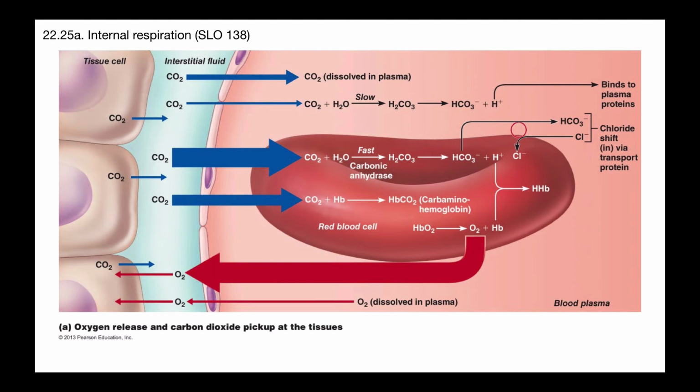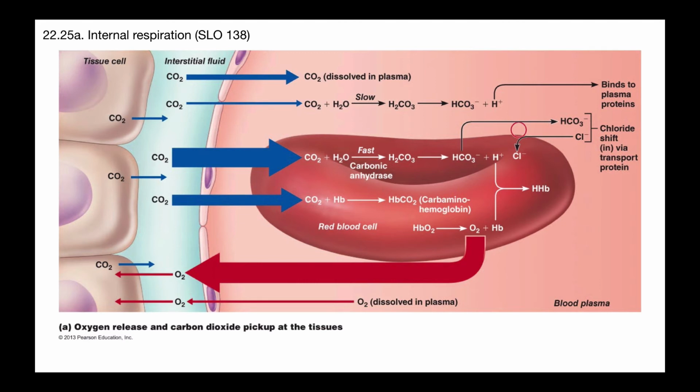And then here what happens is the so-called chloride shift, where the carbonate leaves the red cell and goes out into the plasma, and chlorine is brought in to keep it neutral. And then that hydrogen ion will bind with the hemoglobin instead of making the red cell more acidic. And the other way is it can just go out as a gas.